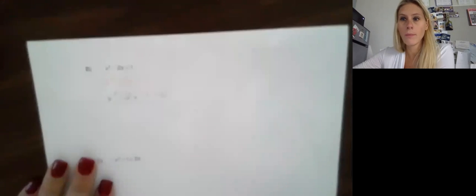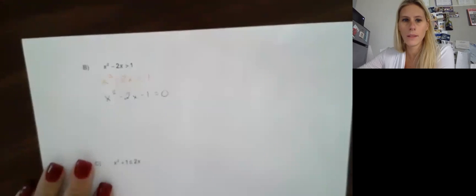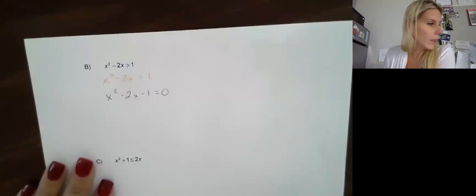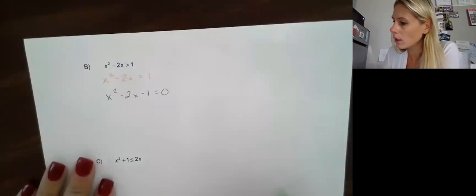Okay, so I set those equal and then I solve. What I notice though is when I have x squared minus 2x minus 1 equals 0, I can't really factor this out. Okay, it would be nice. So what I need to do is use the quadratic formula to get the values here, okay?